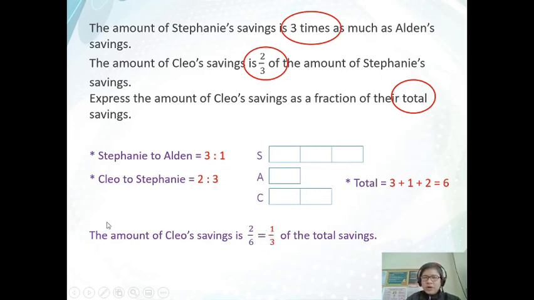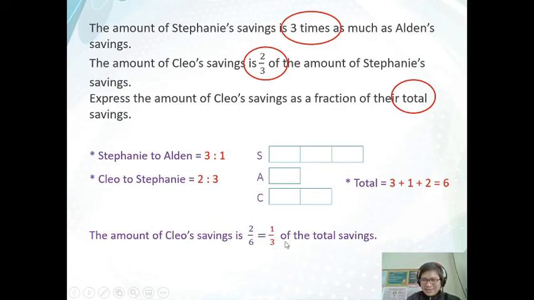So the amount of Cleo's saving is 1 over 3 of the total saving. The 2 we get from Cleo's units over here, and the 6 we get from the total, stating Cleo's saving compared to the total. So 2 over 6 is equal to 1 over 3.